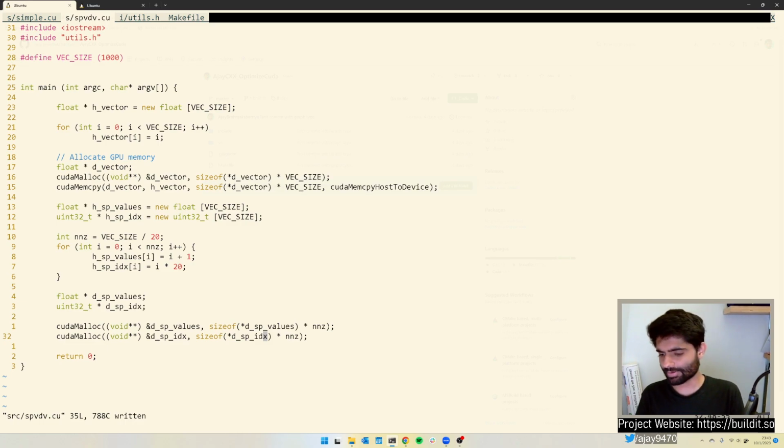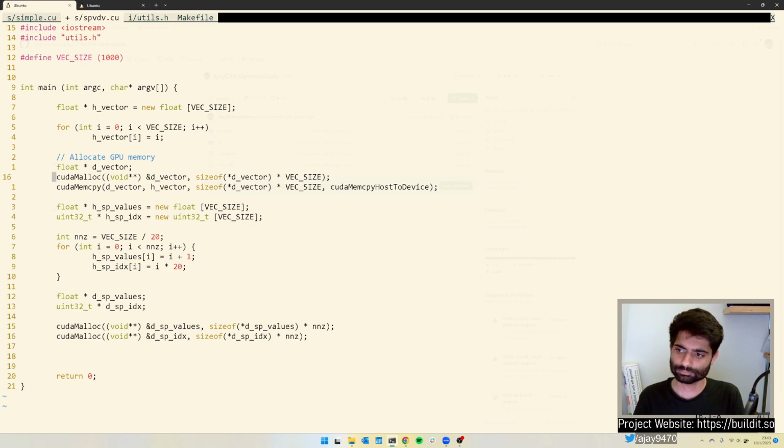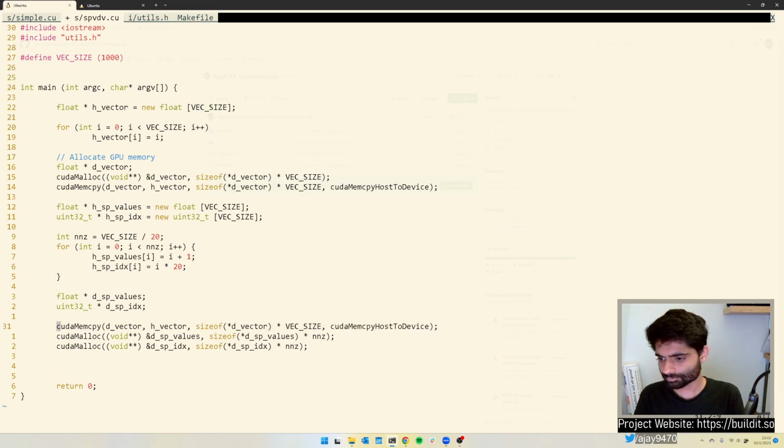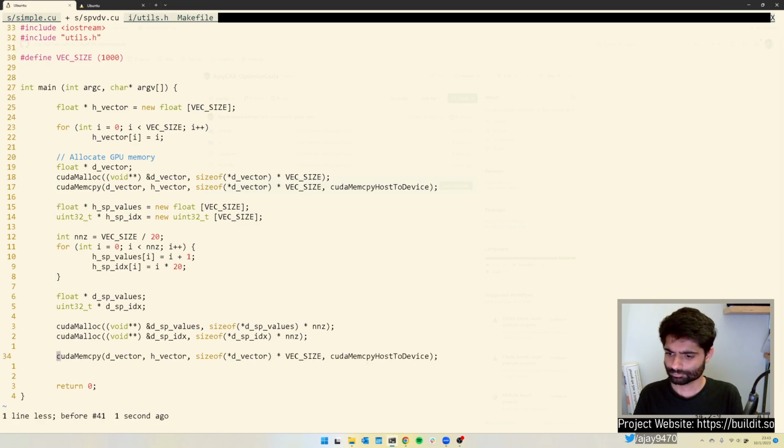Okay, so we have allocated the two arrays. I'm going to copy them now. Values.